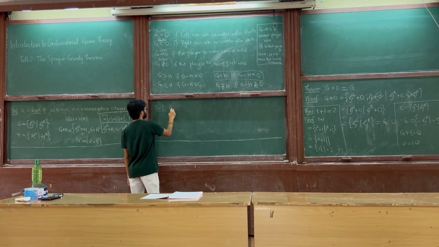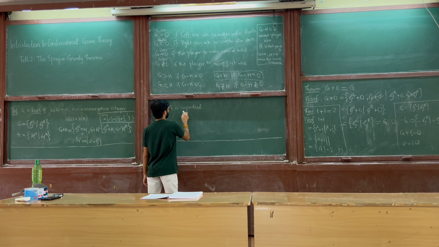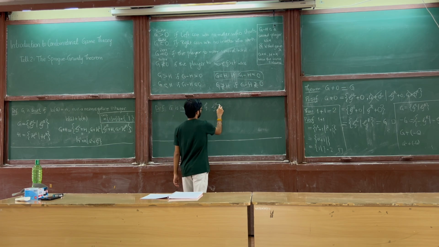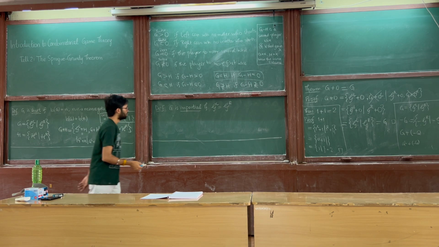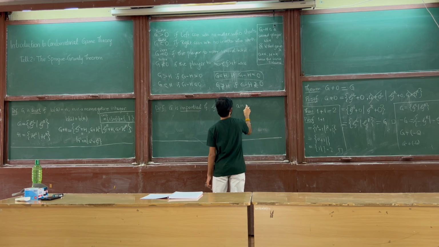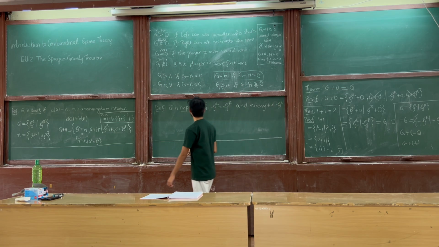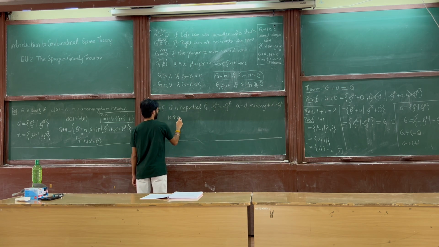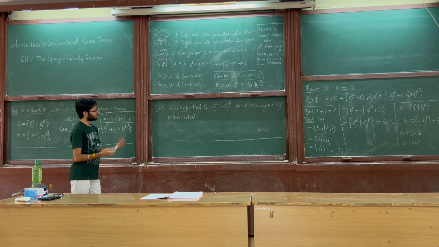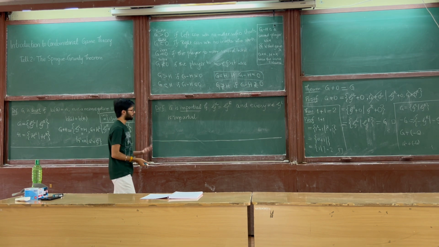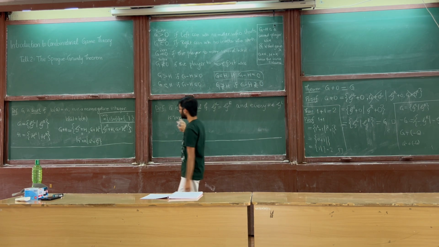So definition: G is impartial if the set of the left and the right options are identical, GL and GR are identical, and everything in GL or GR, the same thing, is impartial as well.